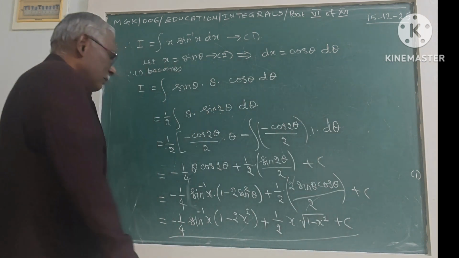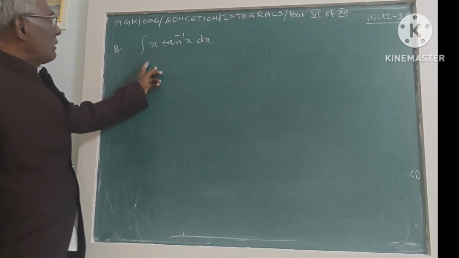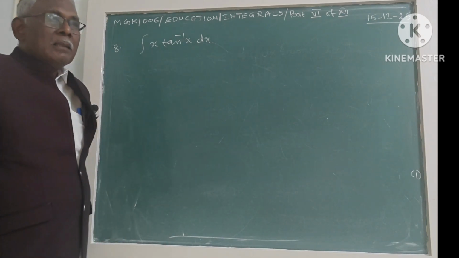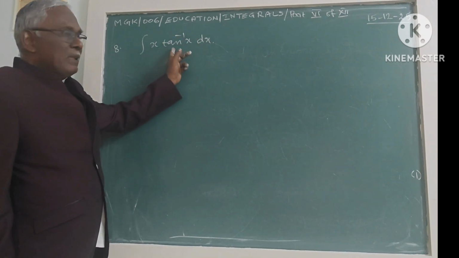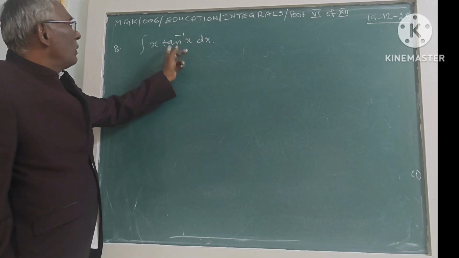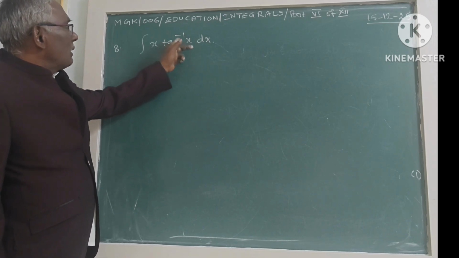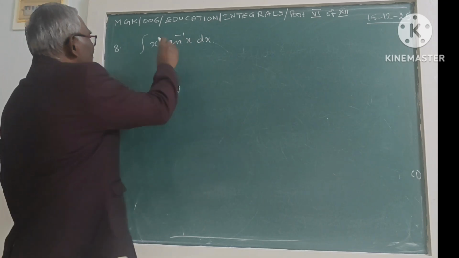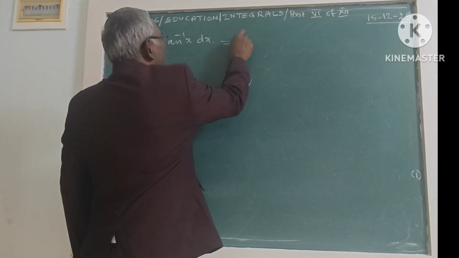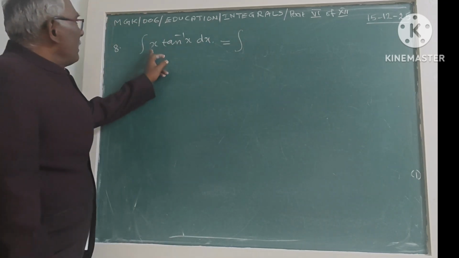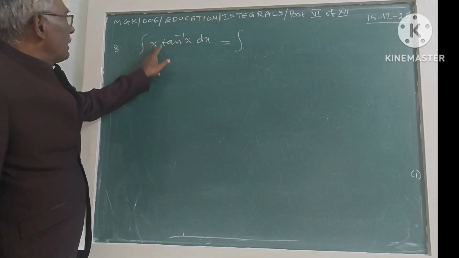So this is also. So integral x tan inverse x dx. So we have to differentiate tan inverse x because it's not possible to integrate this one. So that means we'll integrate x. Out of these two functions, one we have to integrate. We'll integrate x.